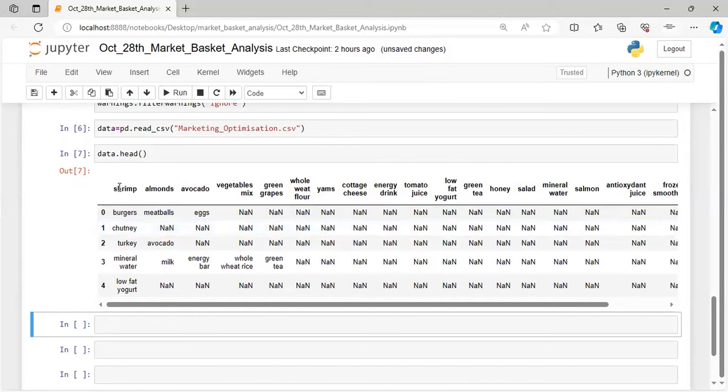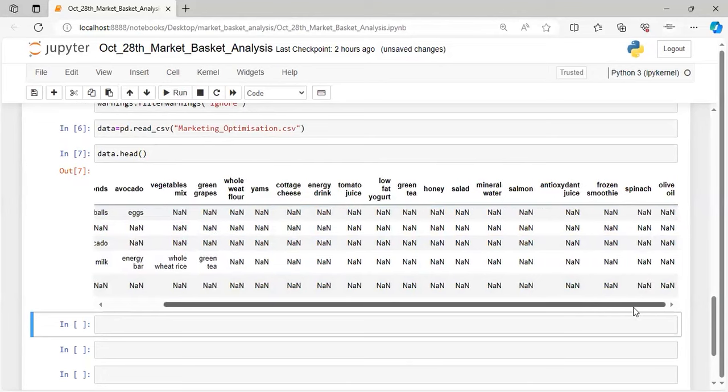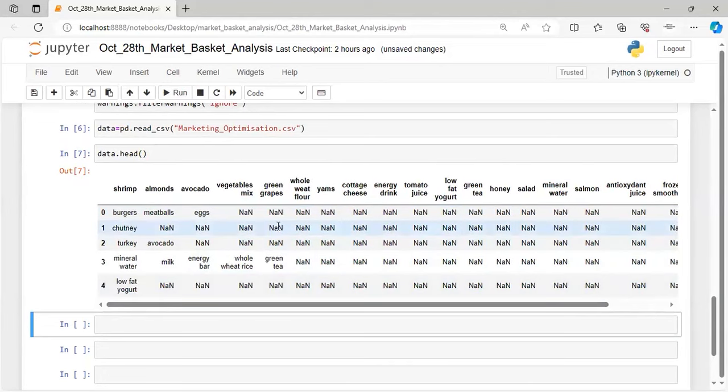All the items they buy have Italian names: shrimp, almonds, avocado, vegetable mix, green grapes, mineral water, salad, honey, salmon. Lots of None is there. None means some missing values are there.